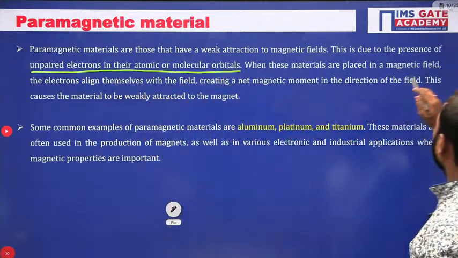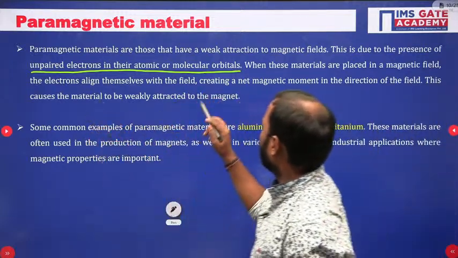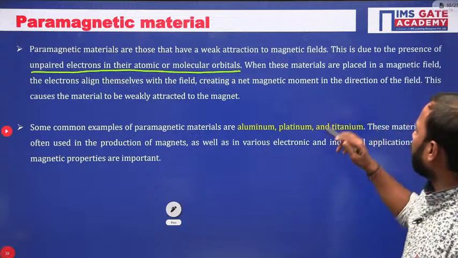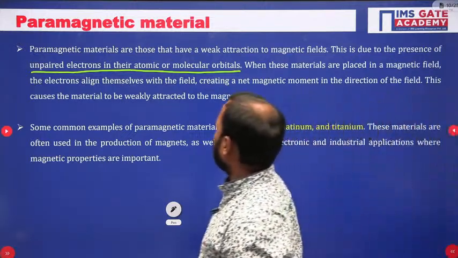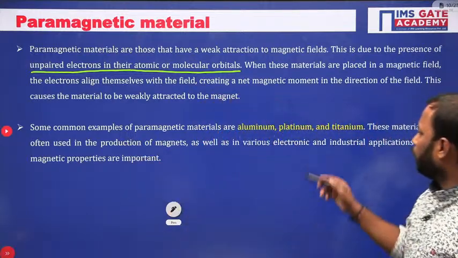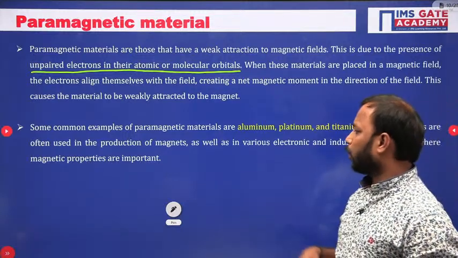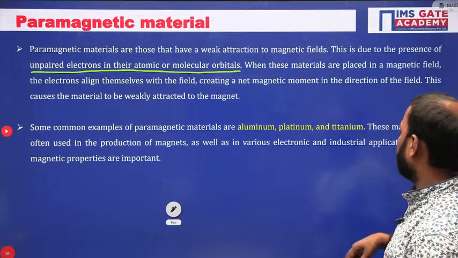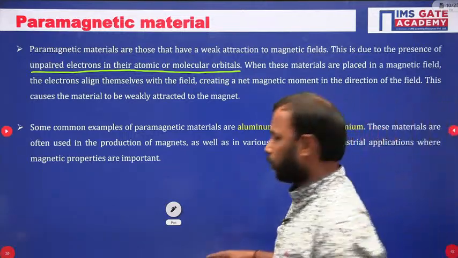When these materials are placed in a magnetic field, the electrons align themselves with the field, creating a net magnetic moment in the direction of the field. This causes the material to be weakly attracted to the magnet. Some common examples are aluminum, platinum, titanium. These materials are often used in the production of magnets as well as in various electronic and industrial applications where magnetic properties are important.